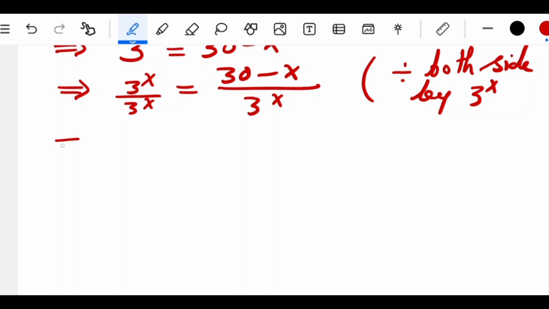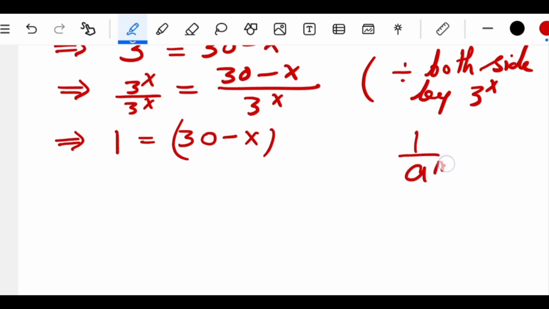Now this side you get 1 and this side 3 raised to minus x times 30 minus x. We know 1 upon a raised to m is equal to a raised to minus m. By applying this, when you shift 3 raised to x to the numerator, you get this.